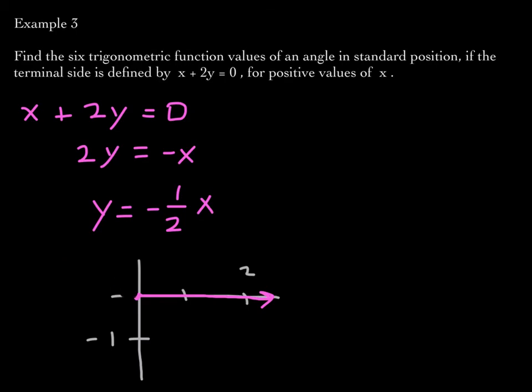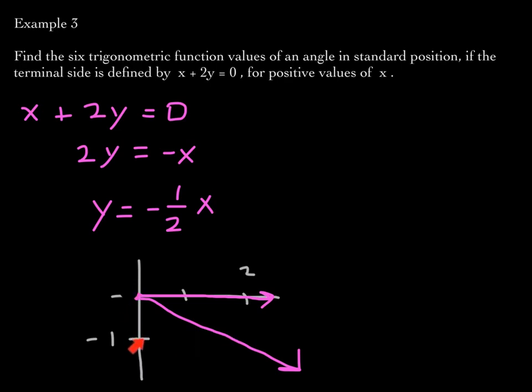Let me go instead down 1. Now watch this. Down 1 to the right by 2, right? So it'll go through that point there. So it would go through something like this. Down 1 to the right by 2.